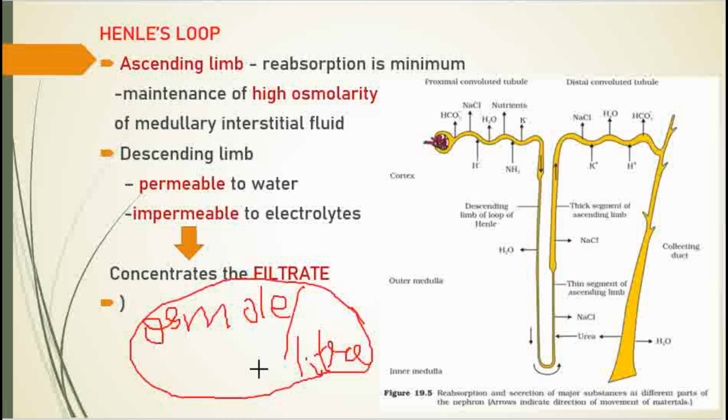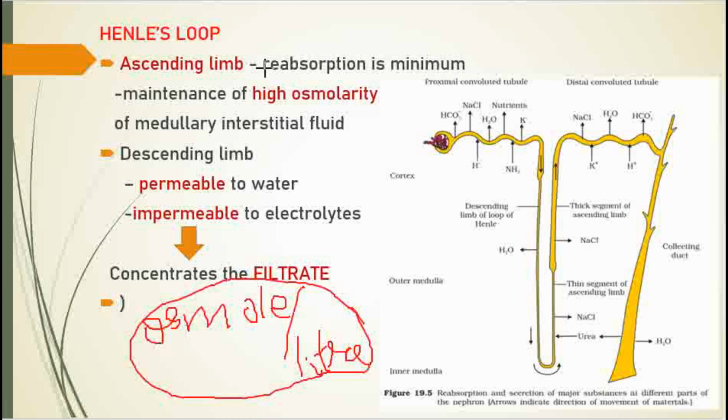In the ascending limb, as I said, the reabsorption is minimum. So here only the maintenance of high osmolarity of the medullary interstitial fluid occurs.